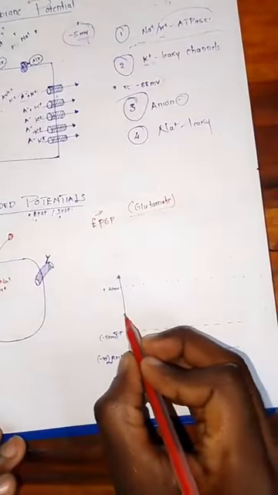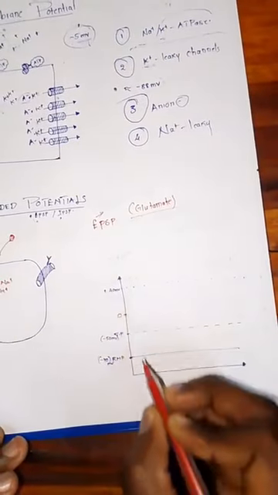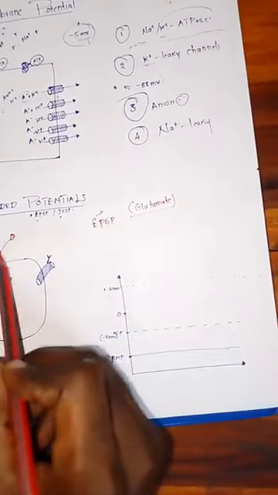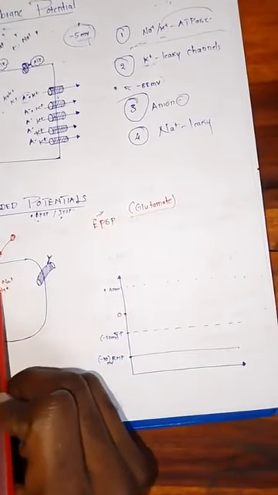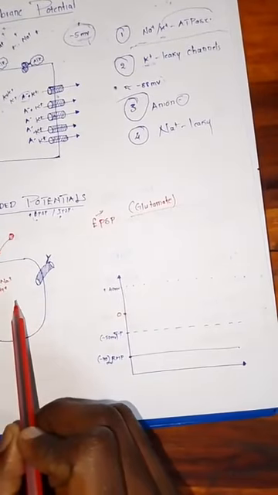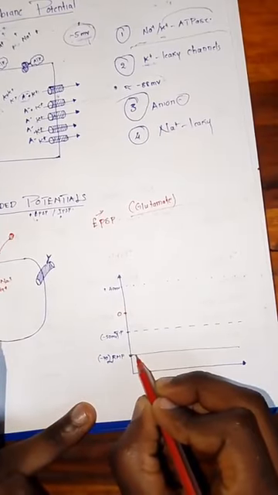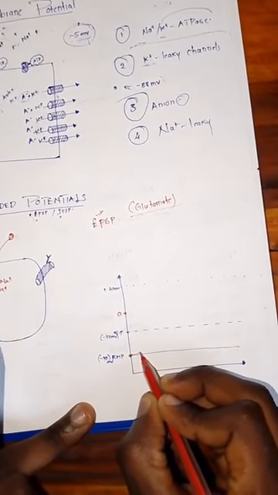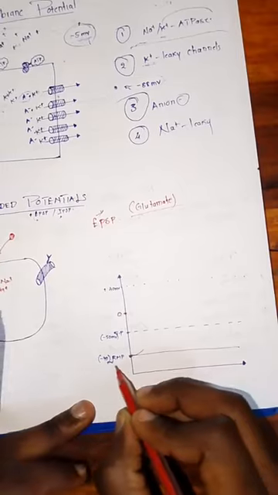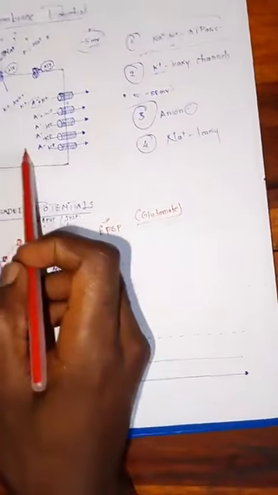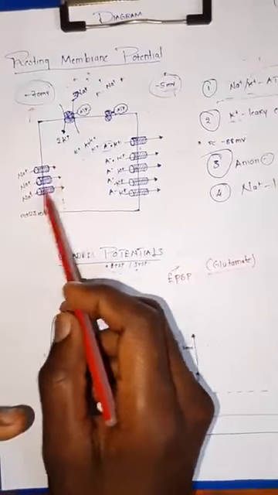So for example, if this is the mark for the 0 point, and an excitatory neurotransmitter binds to this channel and the channel starts allowing the influx of sodium, then if the resting membrane potential of the cell was here, it is going to start moving, because the negativity of that cell starts being overcome by the influx of positive cations.